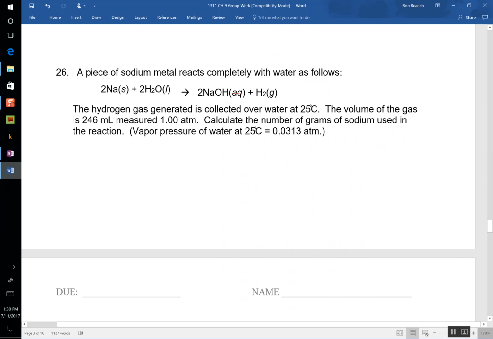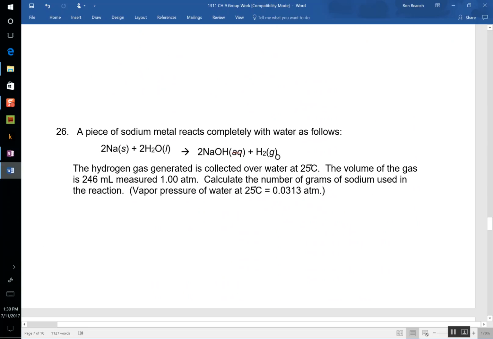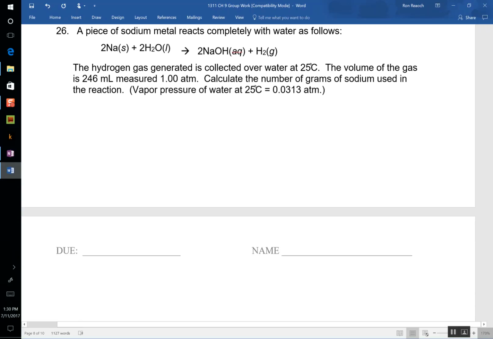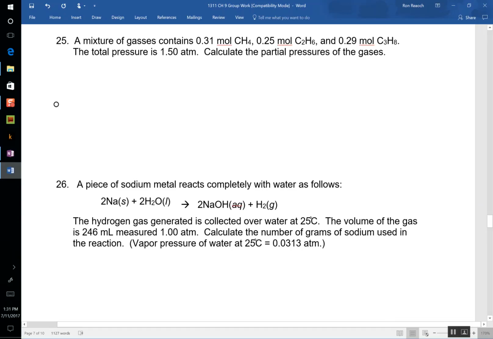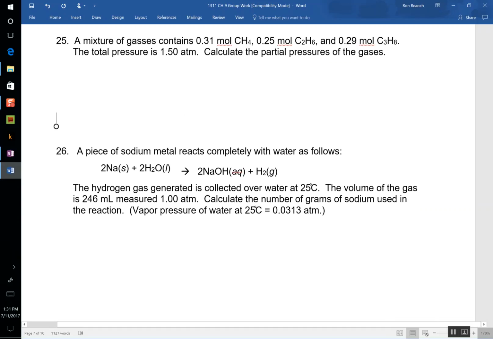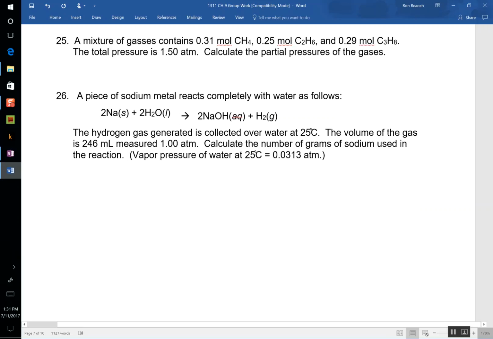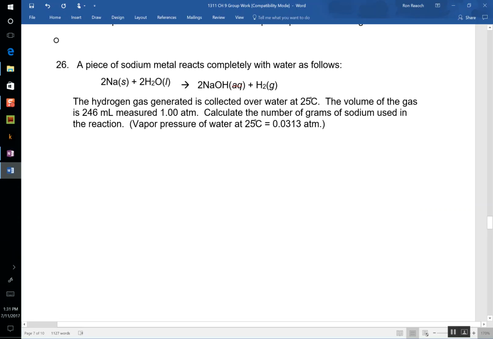What's going on there? This is an ideal gas law problem with stoichiometry, but it's saying here the hydrogen has been collected over water at 25 degrees C.